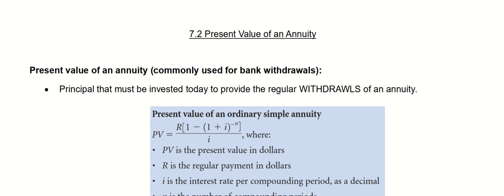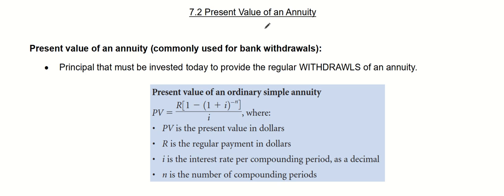For example, probably the best example is your retirement: how much money do you need in your bank so you can take out, let's say, $1,000 every month for the next 30 years? That's something we can all relate to, because at some point we would all like to retire. So how much money do you need in the bank so you can have $1,000 every month for the next 30 or 40 years?